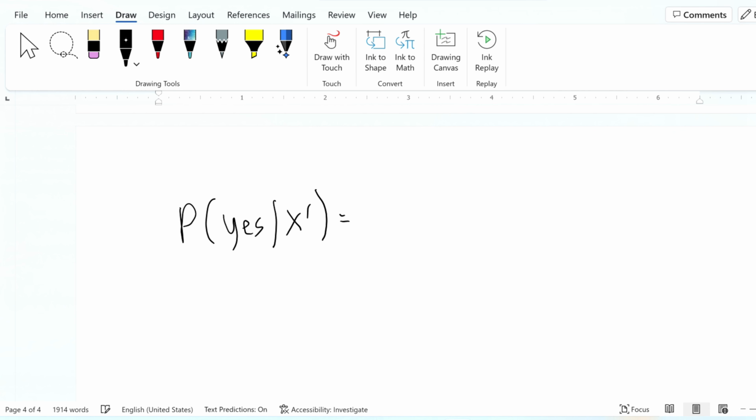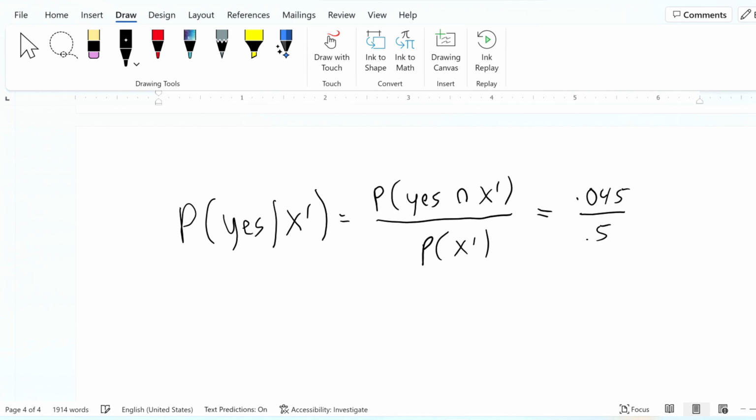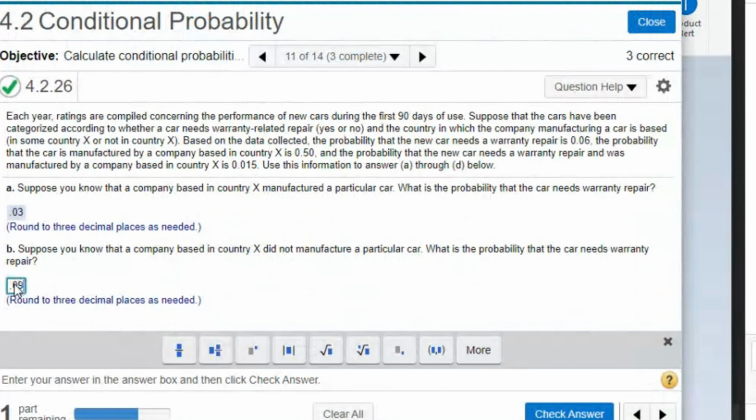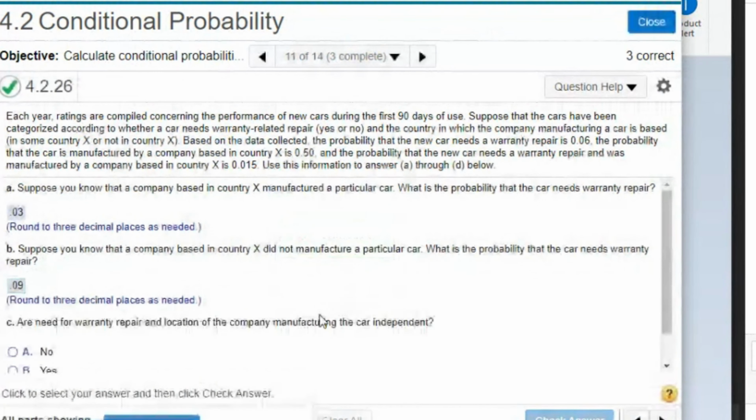And that is the probability of yes intersection X prime divided by the given, which is X prime. So that's 0.045 divided by 0.5. And that is 0.09.